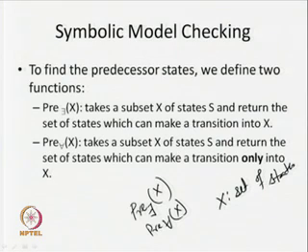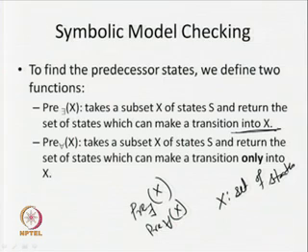So, what is pre there exists x? We take a subset x of state S and return the set of states which can make a transition into x. So, we have a subset x, and we get the set of states which can make a transition to this particular subset.